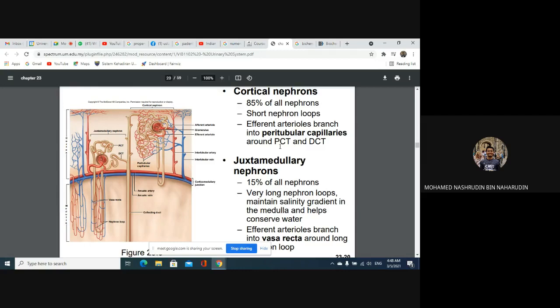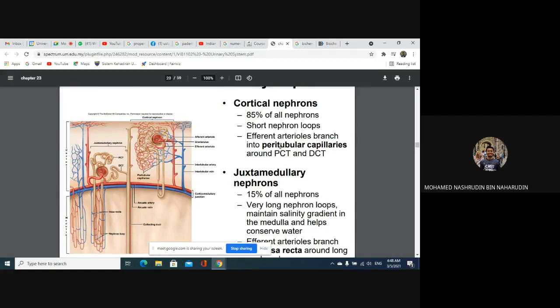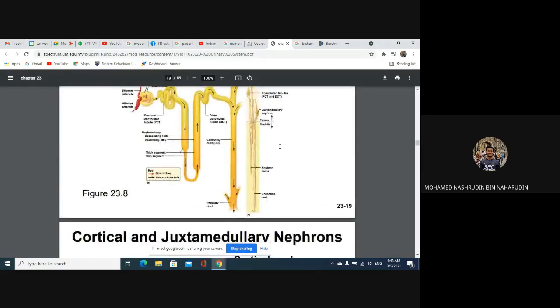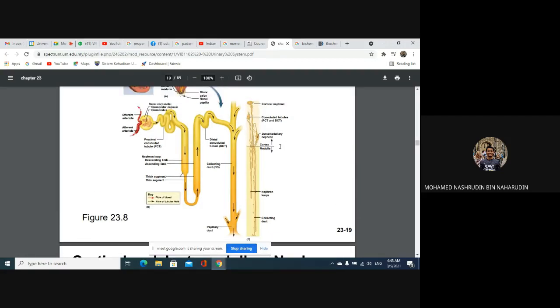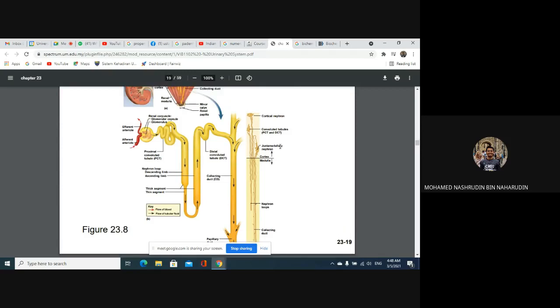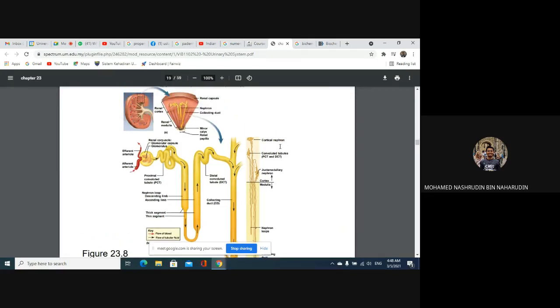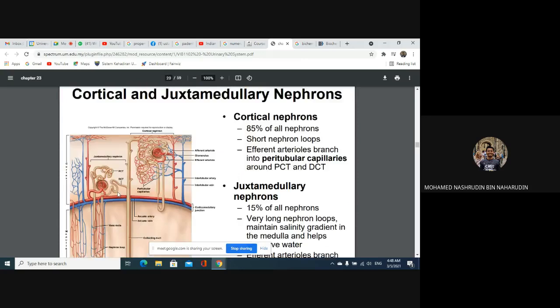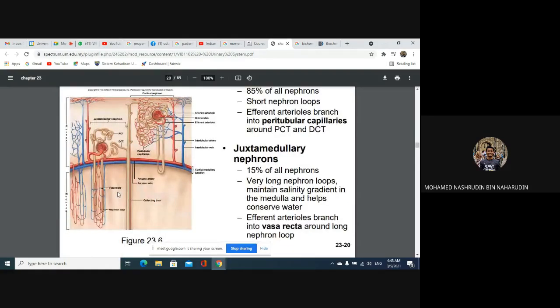Then the proximal convoluted tubule and the distal convoluted tubule. PCT and DCT.